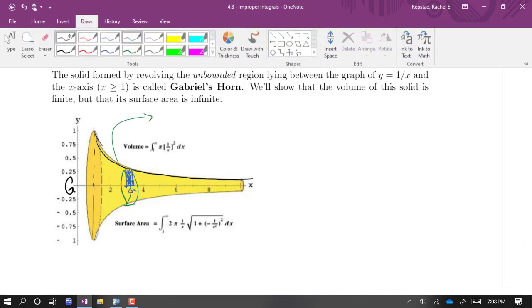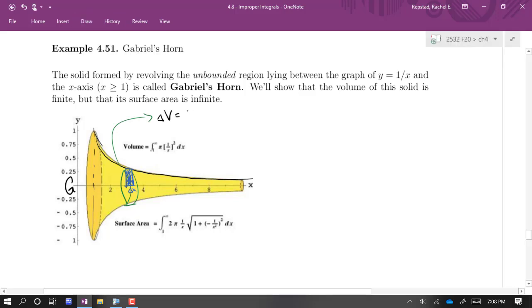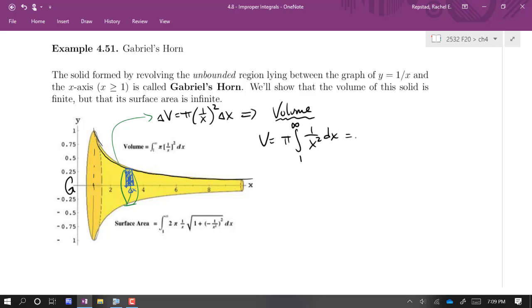So the delta V, pi r squared h, is pi times 1 over x squared delta x. And so that means we can find its volume. The volume is pi times the integral from 1 to infinity, 1 over x squared dx. And we could certainly do the integration ourselves, but we'll note that we could also use theorem 11, and for the sake of brevity, I'm going to go ahead and just use theorem 11.